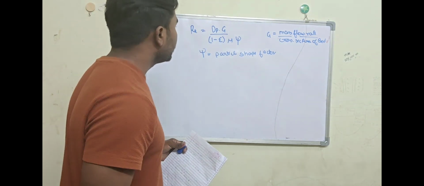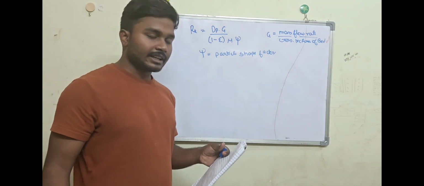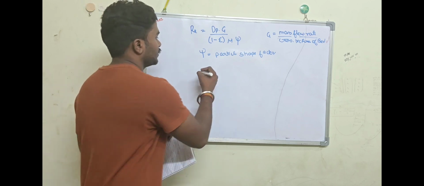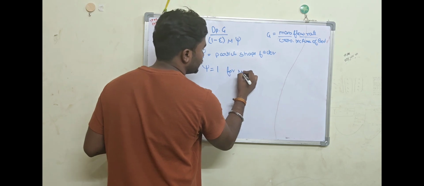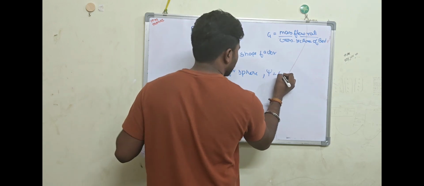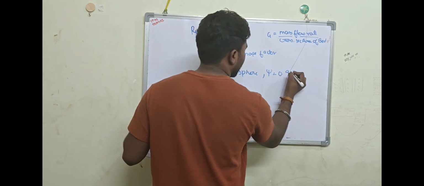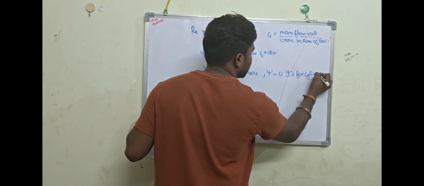Particle shape factor we know, for spherical particles is 1 and for cylindrical particle it is 0.92. Psi equals 1 for spheres and psi equals 0.92 for cylinder.